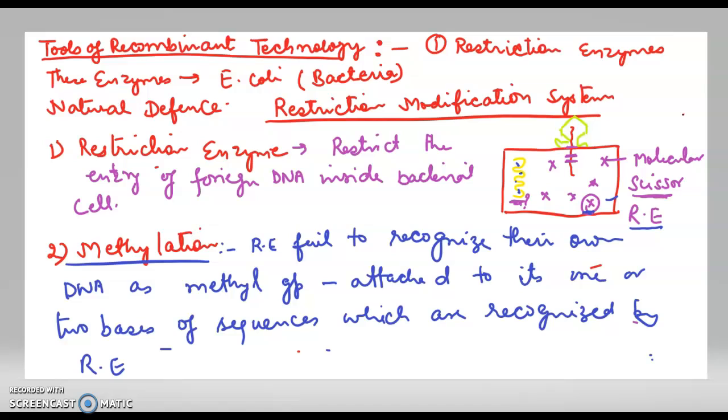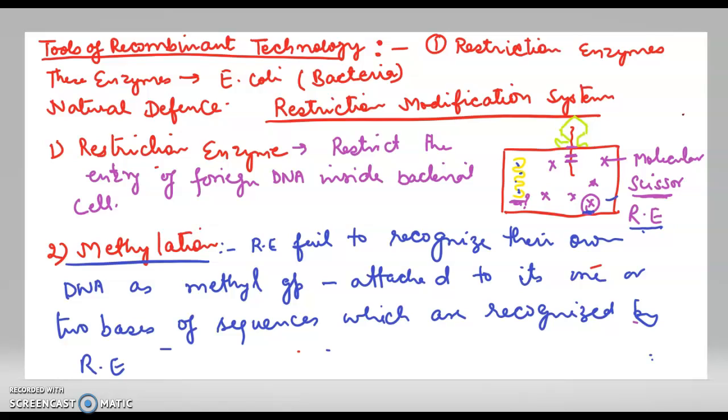But they are not able to cut their own DNA, as the same sequences are present inside their own DNA, but these are methylated. So every bacterium has its restriction enzymes with corresponding methylase enzymes also. This is the first very important property of restriction enzymes.